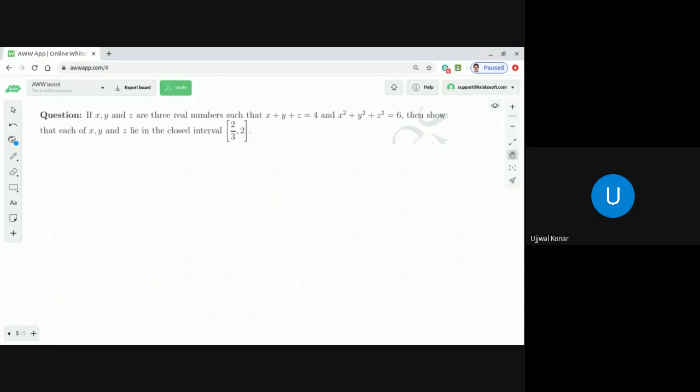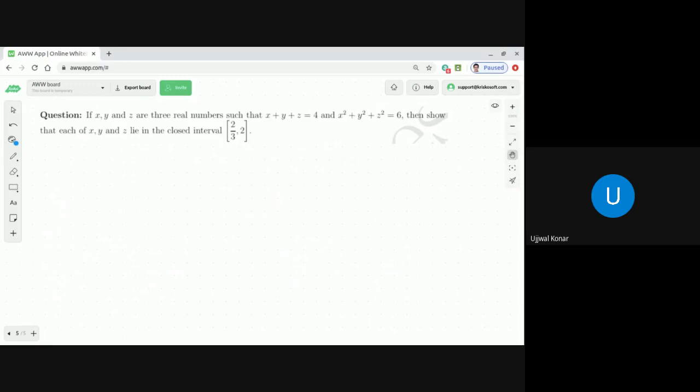If you look into this problem, dear students, apparently it looks different from the problems we have solved today, because here there are two equations given. One is x plus y plus z equal to 4 and the other is x square plus y square plus z square equal to 6.